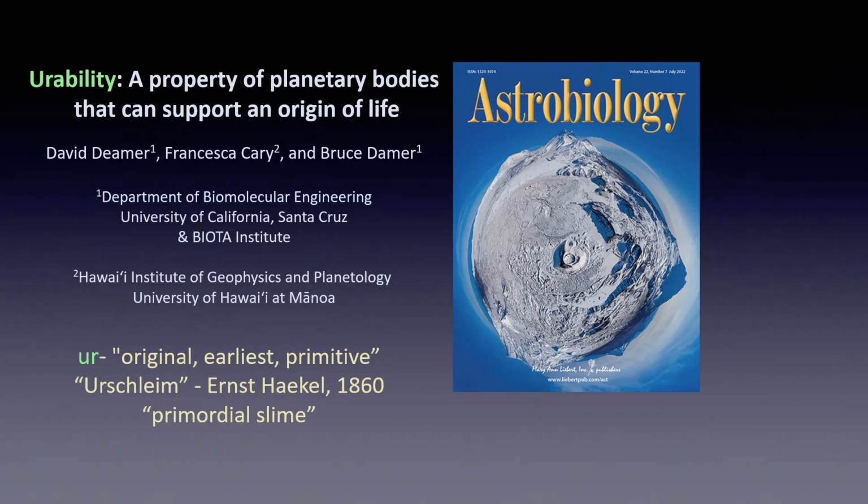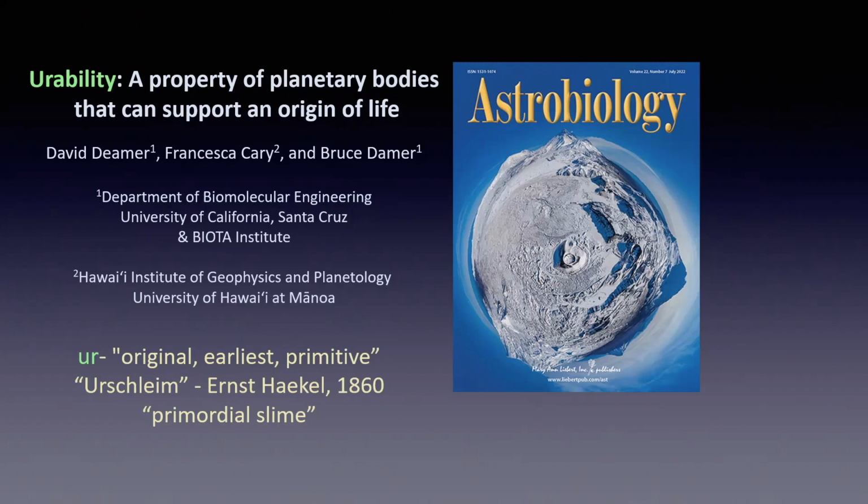And the word, by the way, comes from a combining term, Ur, which is from the ancient language having to do with original or earliest or primitive. And a very well-known zoologist, Ernst Haeckel, who was working in the mid-1800s, actually used a word like ours, Urschleim.